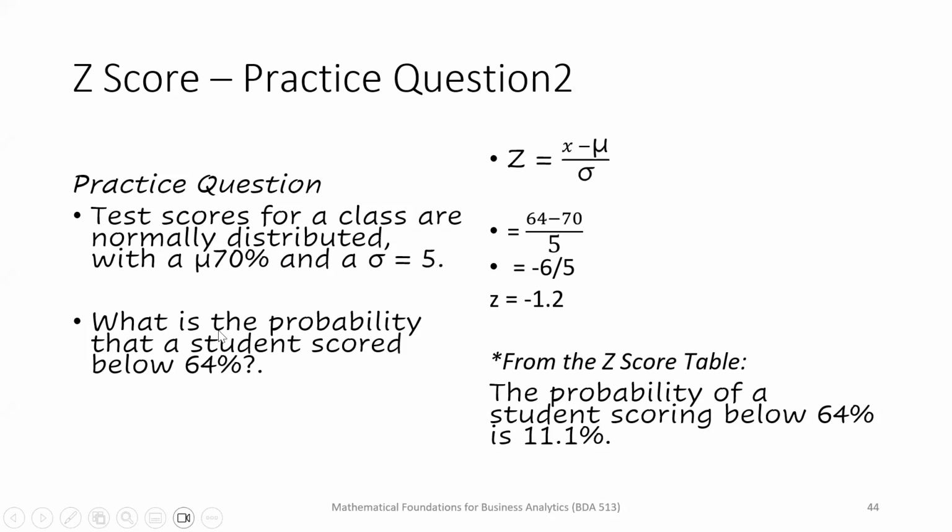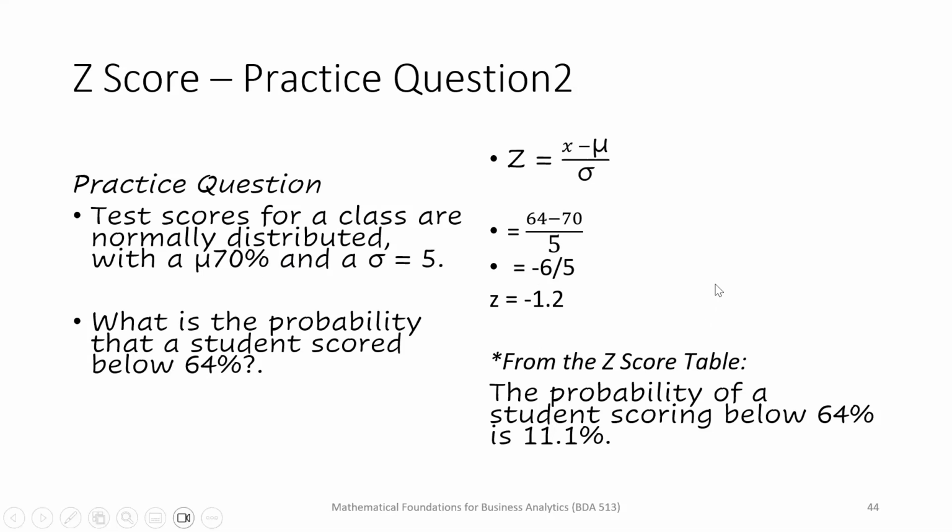What is the probability that a student scores below 64%? So now we are conversant with this. You take the 64% minus the mu, that is 70%, divided by the standard deviation. That gives you -6/5. That is -1.2.